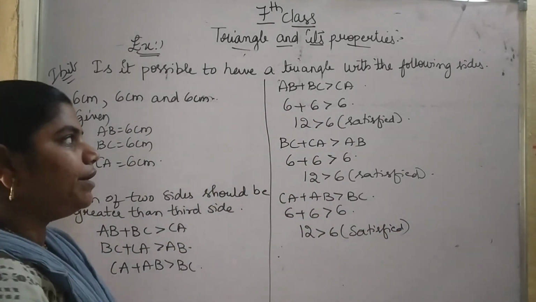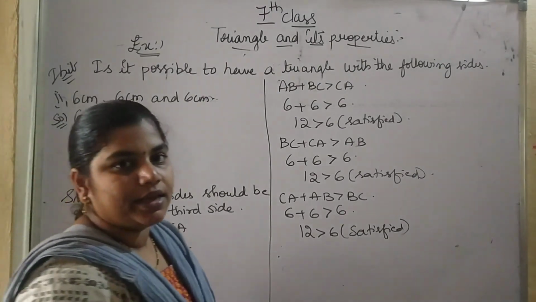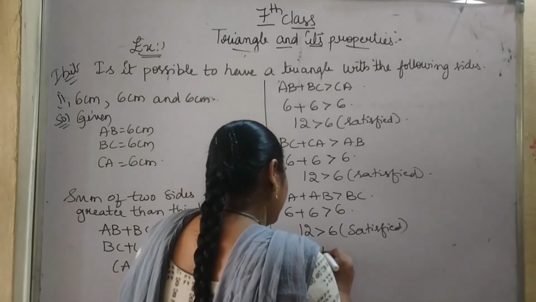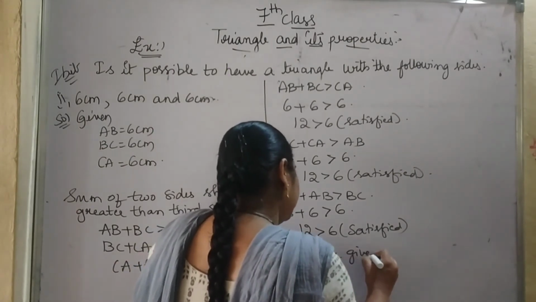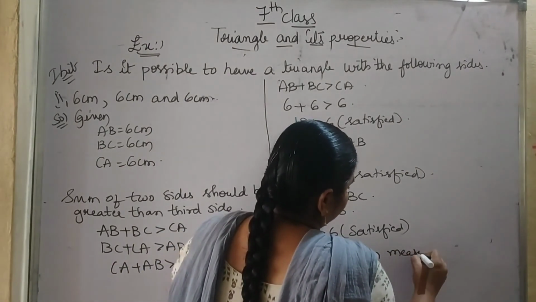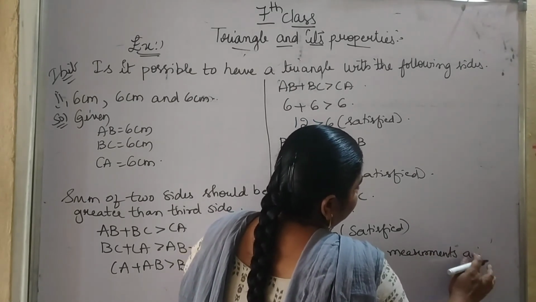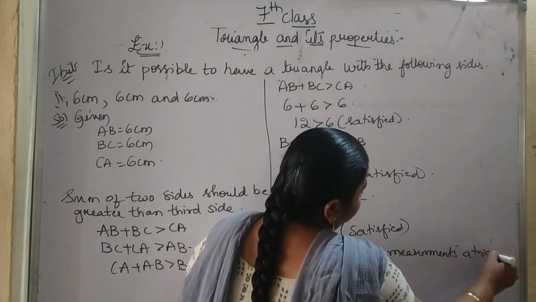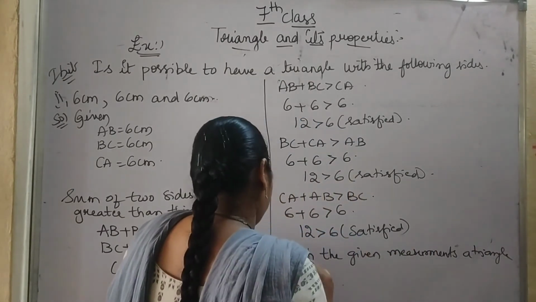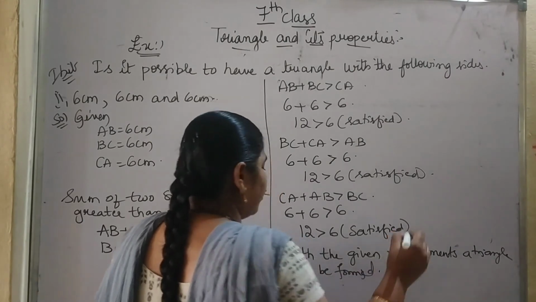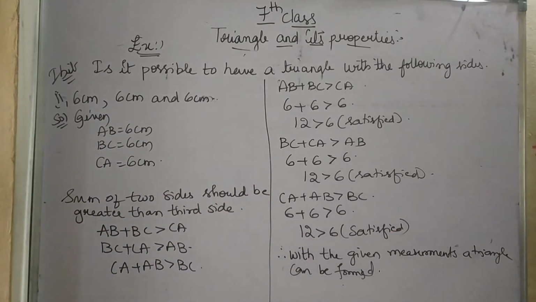So we can say that with the given measurements a triangle can be formed. So therefore, with the given measurements a triangle can be formed. So this is our second one.